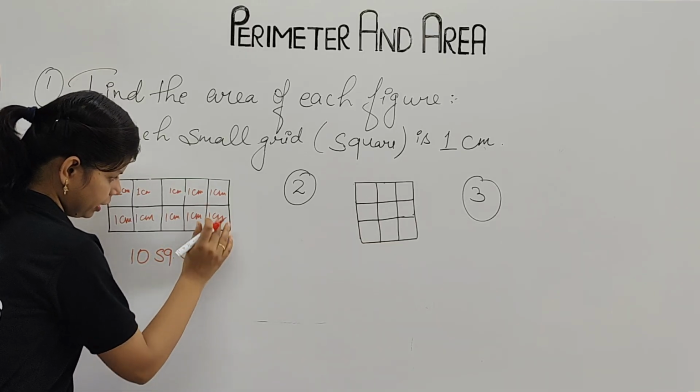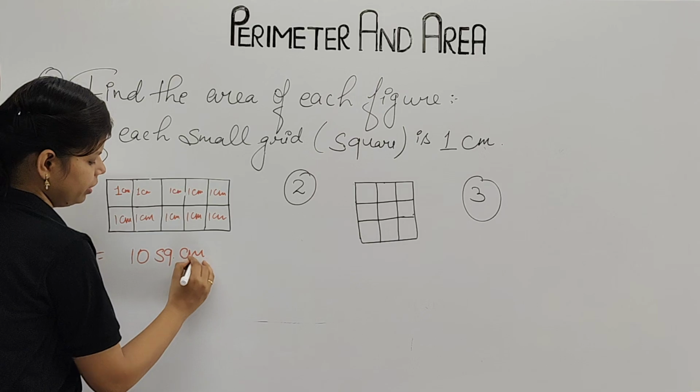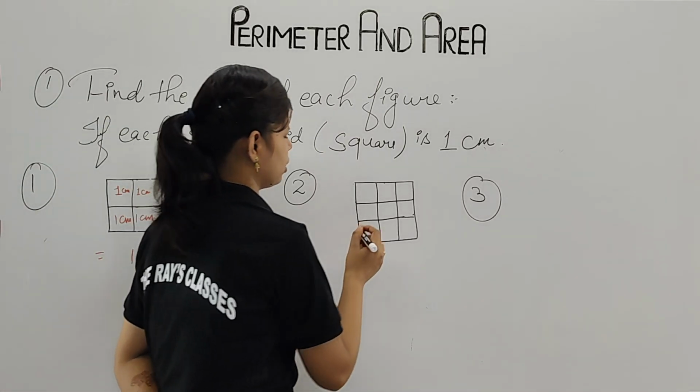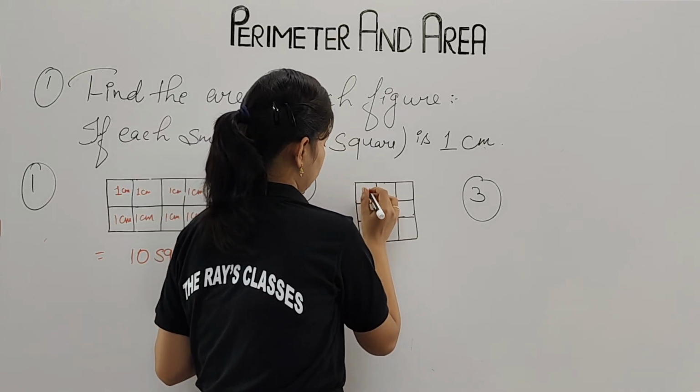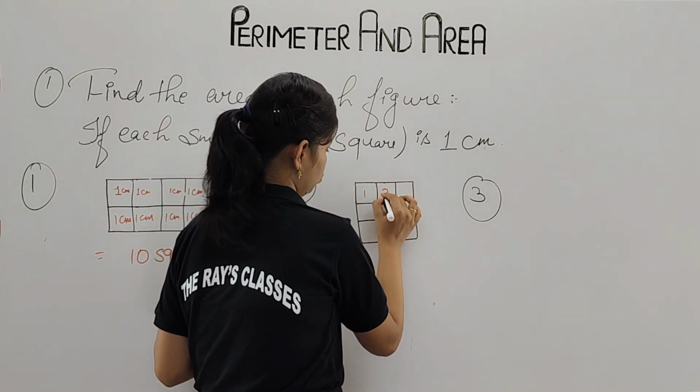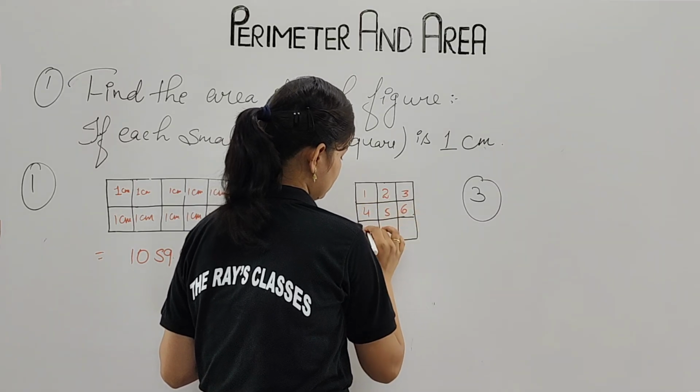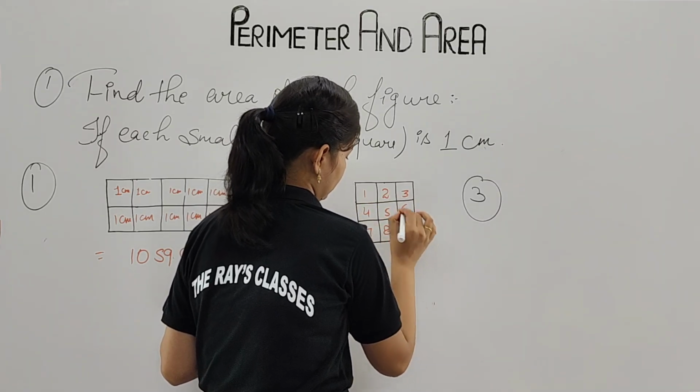square. What is the shape of this figure? Square, and then we have the unit centimeter. Clear? Next, let's count also. That will be 1, 2, 3, 4, 5, 6, 7, 8 and 9.